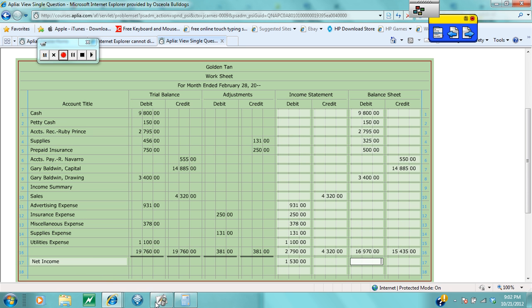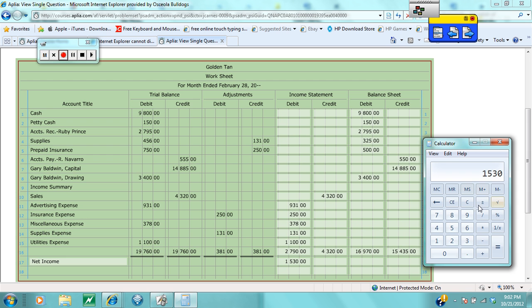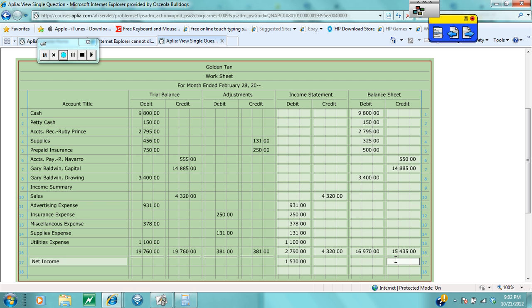Now, here's another check to see if we have some errors. I hit backspace and it didn't work. 1,6,9,7 minus 1,5,4,3,5. Ah, they're the same. That's good. That means they're equal.